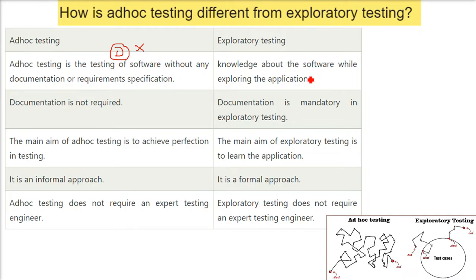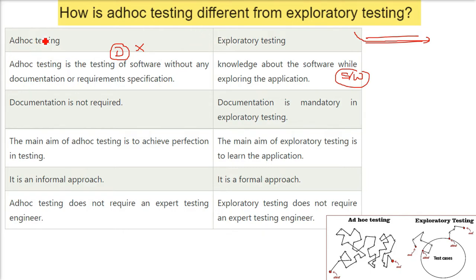In exploratory testing, you gain knowledge about the software while exploring the application, step by step, learning the software while testing. When we go on a way and don't know the path, we say we are exploring. So we learn the software by means of this testing, and that is called exploratory testing. You are finding the ways by yourself.